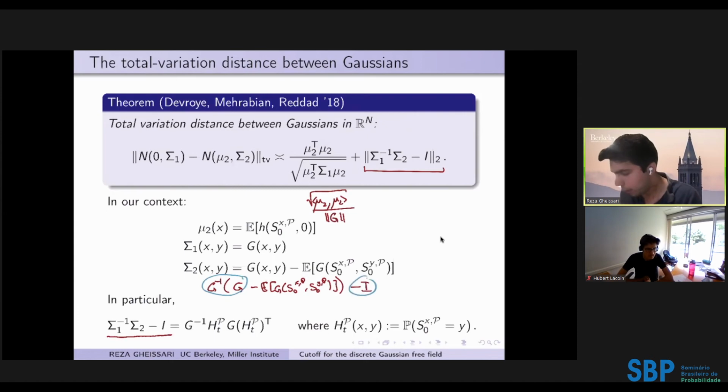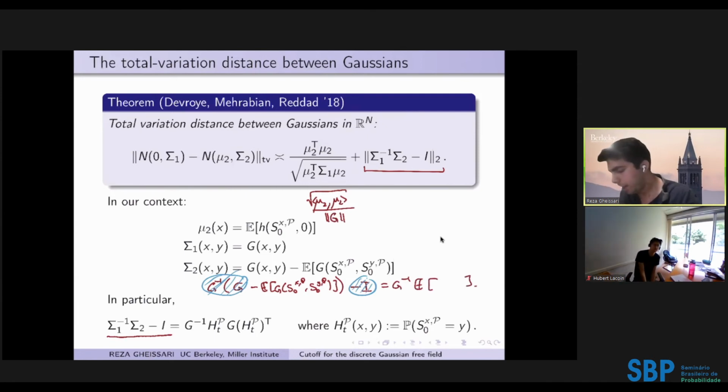These two here cancel out with the identity, right? And so I'm just left with G inverse, and then this expectation, okay?